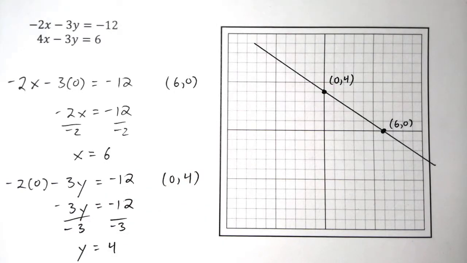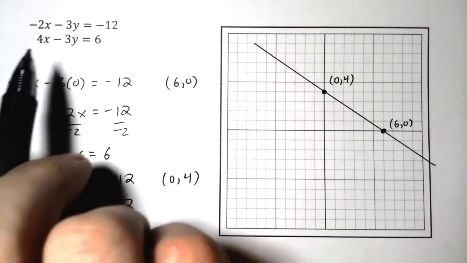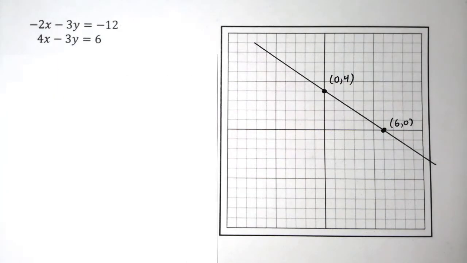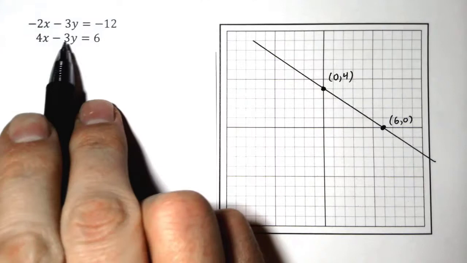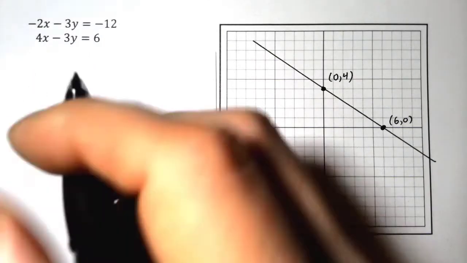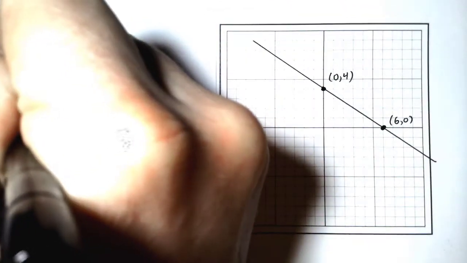Now, to get the second line, looking at the x and y intercepts might not be the best approach here because I see I'm going to get fractions. So another way to graph a line is to write it in the form y equals mx plus b. So that means solve for y. So we're going to take the second equation and solve it for y. So what I'll do is subtract 4x from both sides.